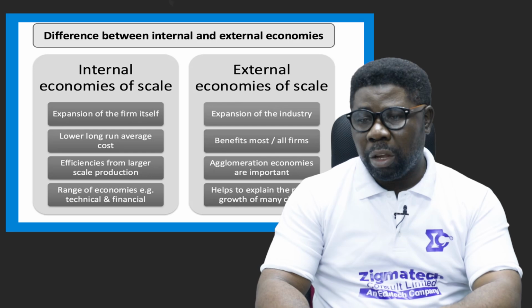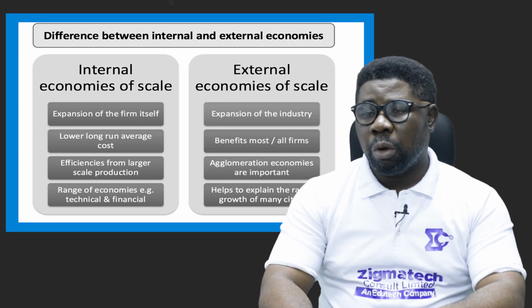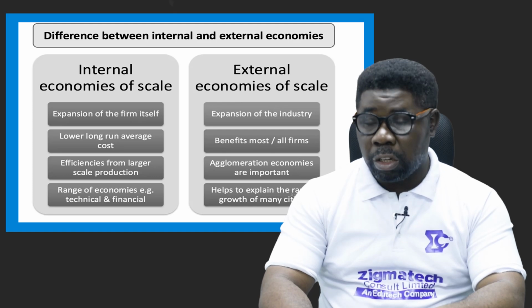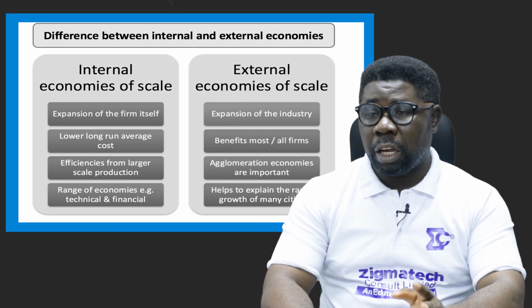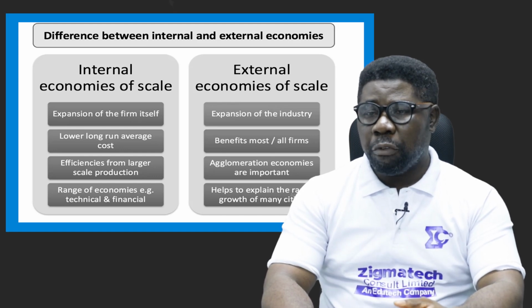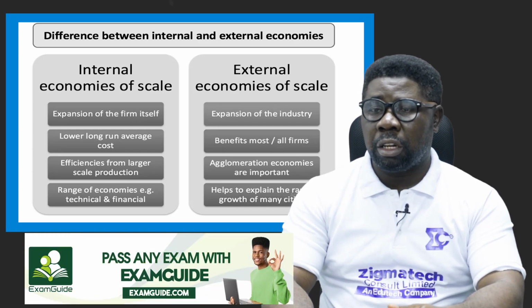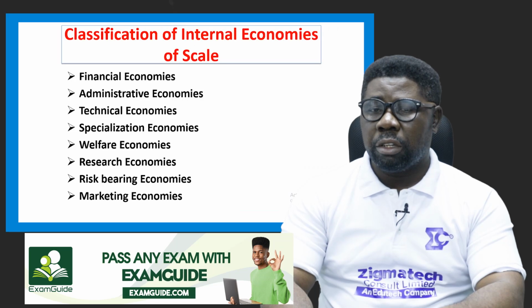But externally, it helps to expand the rapid growth of many cities, all right? When you talk about external economies of scale, it helps to expand a society or a city, because firms are concentrated over that place. It will bring a lot of demand for infrastructural facilities, which will make the place become more developed faster, as the case may be, all right?